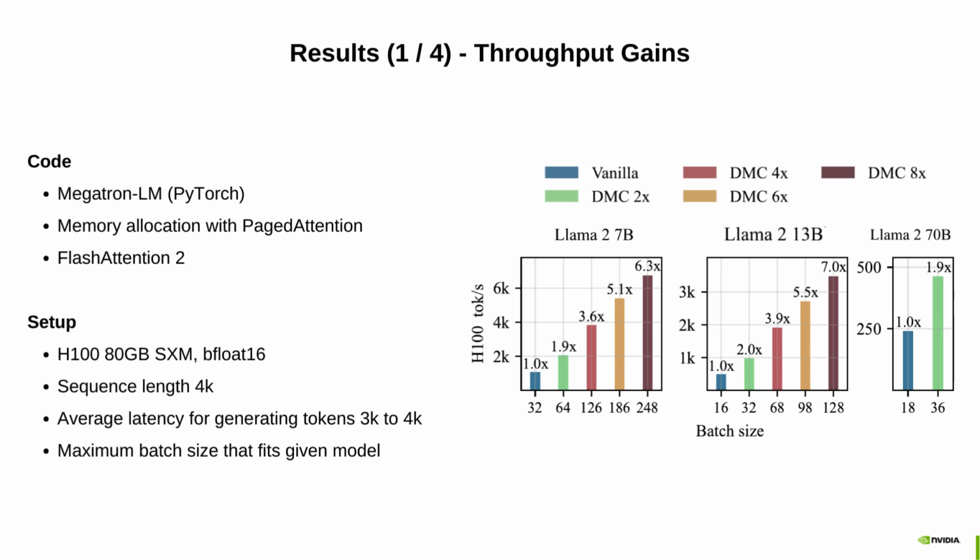We developed an efficient DMC GPU kernel and used paged attention and flash attention libraries. We measured throughput on an H100 GPU for sequence lengths of 4000 tokens. As shown on the right, the DMC compression ratio translates almost perfectly into throughput improvements with up to 7x increase in throughput for 8 times compression.